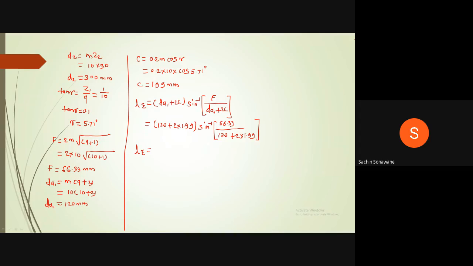Please tell the correct answer. First of all, you calculate this sine inverse value. First solve this bracket: 66.33 divided by 120 plus 2 into 1.99. Take its sine inverse, and then solve the other bracket.